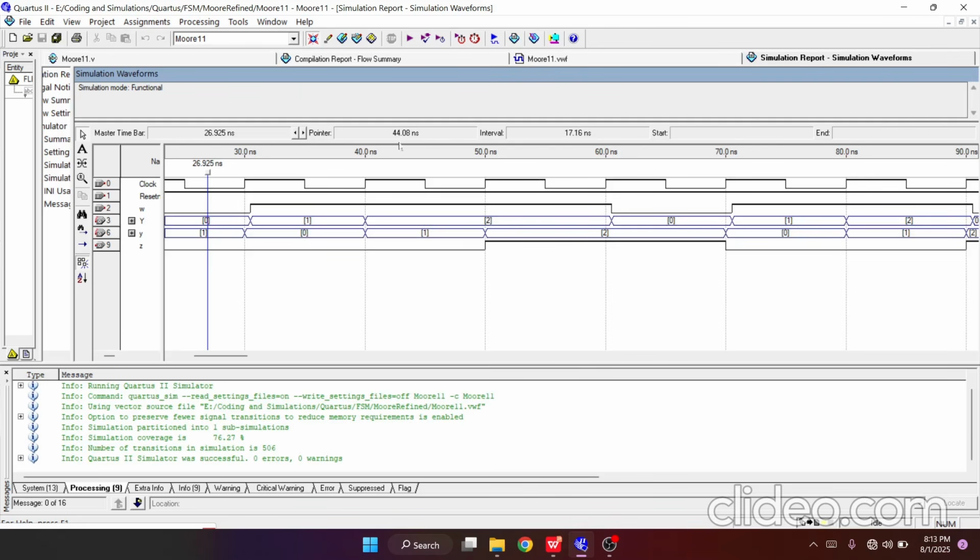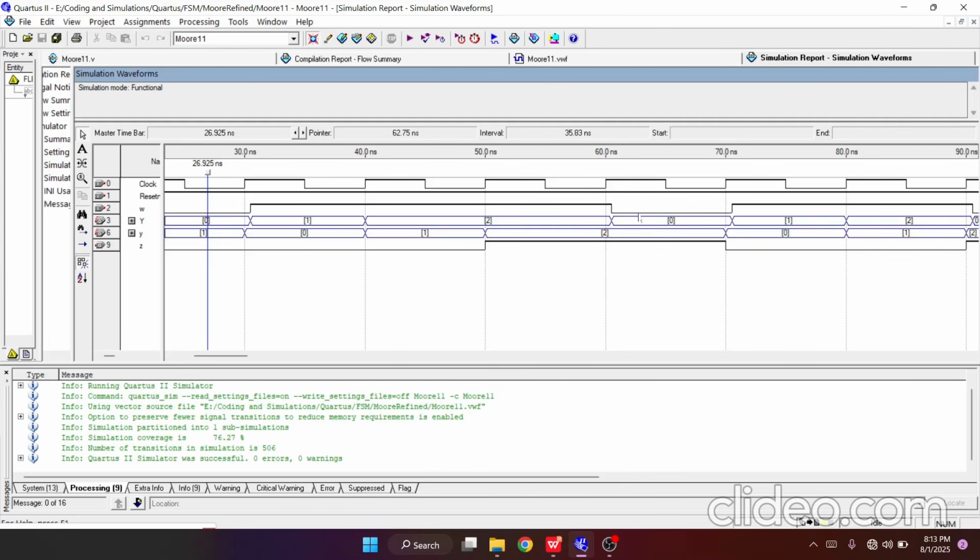You can see the x-axis value here. Okay, from 60 to 60.42 nanosecond W was high. As a result, the capital Y also was 2.